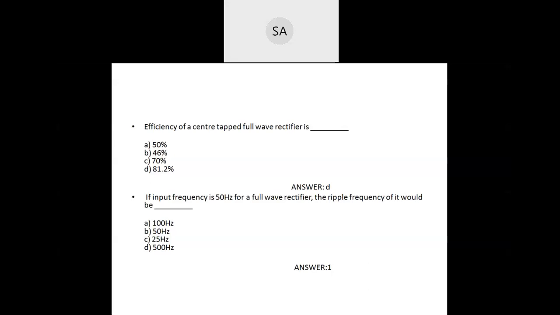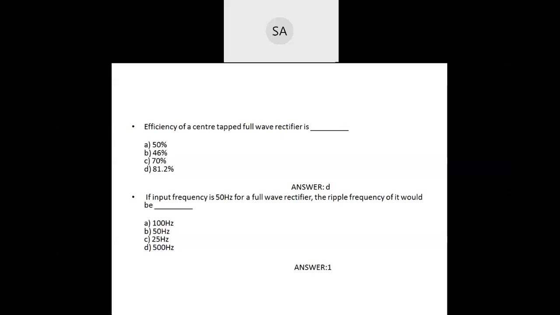If the input frequency is 50 Hz for a full wave rectifier, the ripple frequency would be? I just discussed that the ripple frequency means that during the positive cycle and during the negative cycle, both frequencies appear in the output. So the ripple frequency of the full wave rectifier is 2f, twice that of the half wave rectifier.